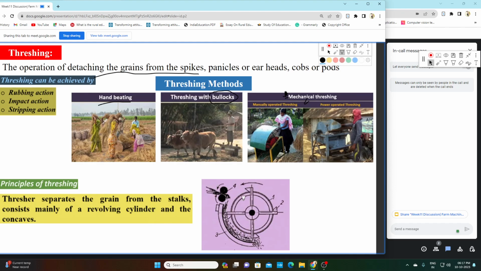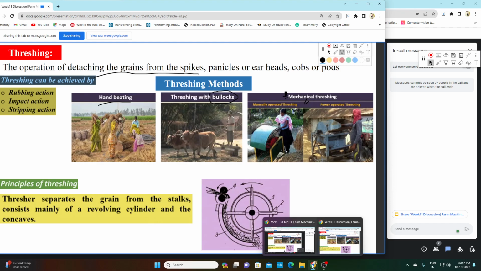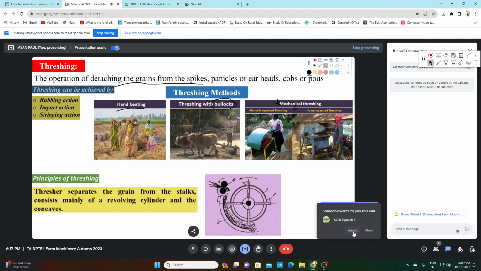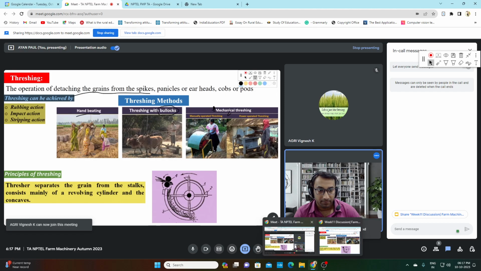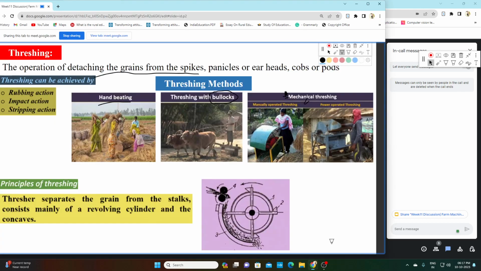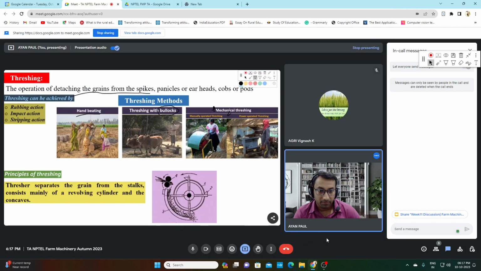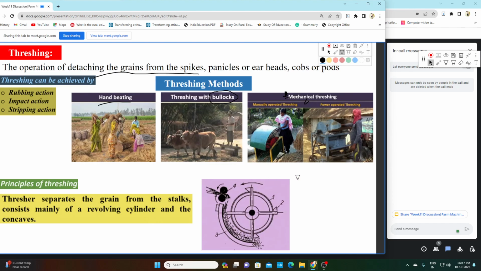So in between this cylinder and concave, whenever your feed will come, your thresher will do the threshing operation. So this is the principle of threshing.